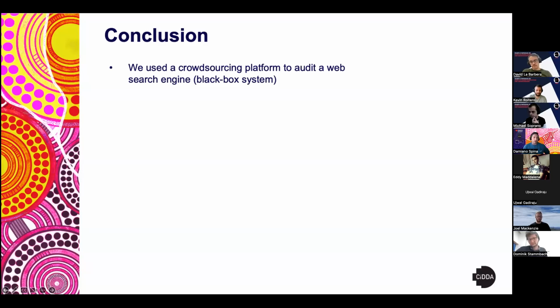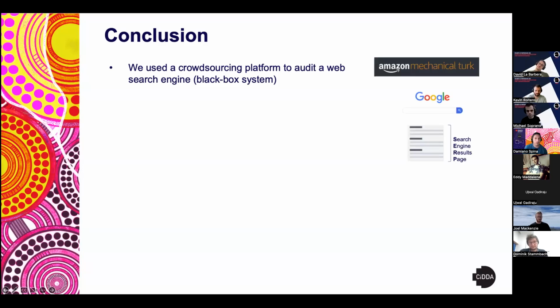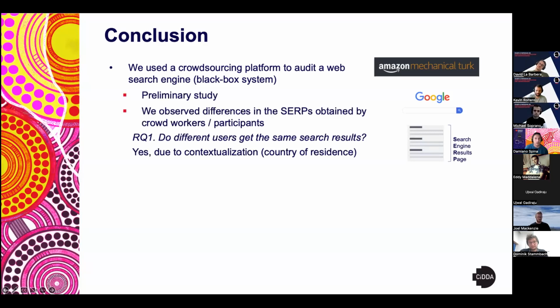So just to wrap up, we used a crowdsourcing platform to audit a web search engine using a set of queries related to COVID. We used Amazon Mechanical Turk and Google as the web search engine. This is obviously a preliminary study with only 50 crowd workers and 10 queries, but still we observe differences in the SERPs obtained by crowd workers.